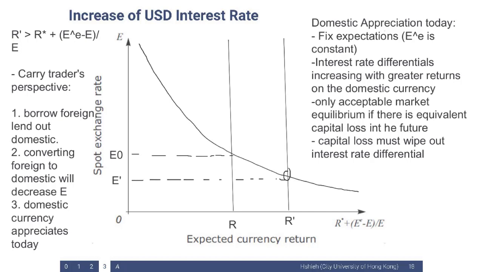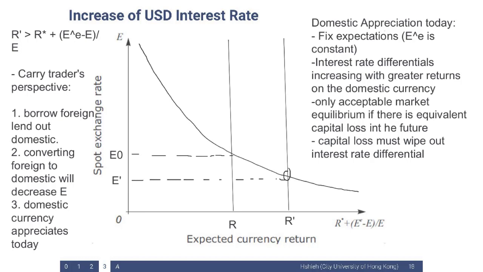And I'm going to use E prime to indicate the change, the new level of the spot exchange rate. All right, so let's talk about the mechanism. What are we observing? Domestic appreciation today.